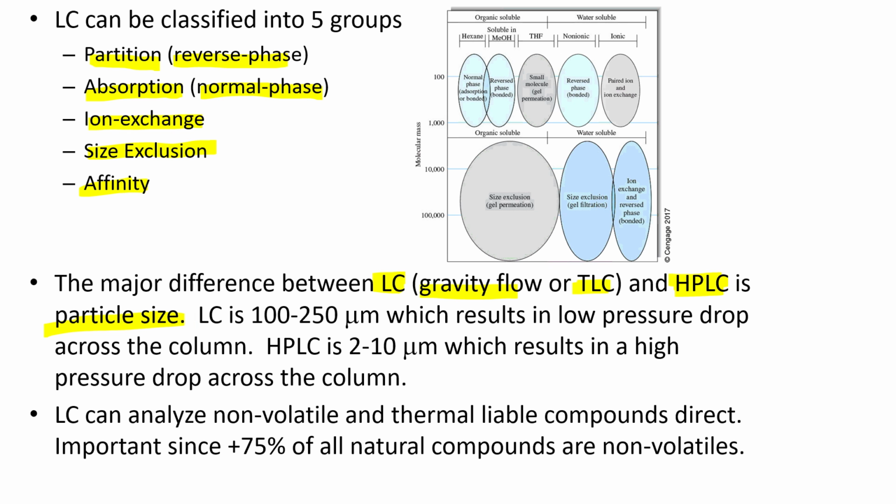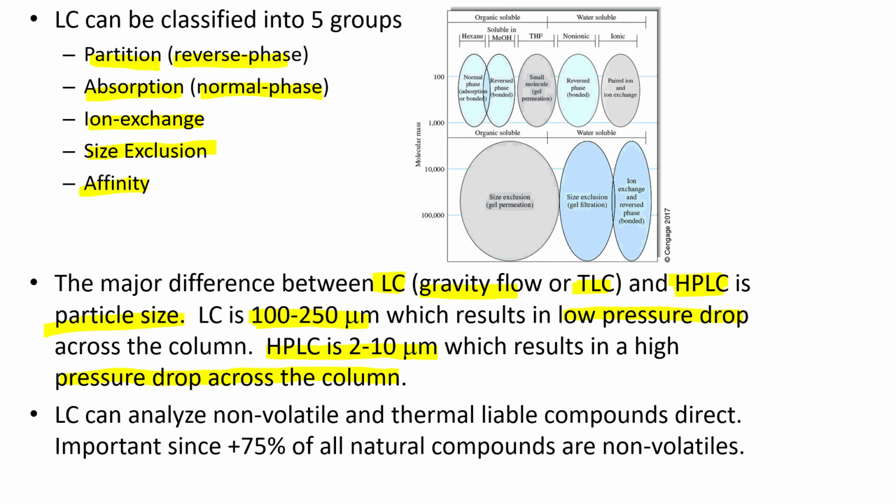Where gravity flow liquid chromatography uses large particles in the neighborhood of a tenth of a millimeter to 0.25 millimeters, which is 100 to 250 microns. That's low pressure drop across the column. Where high performance liquid chromatography uses much, much smaller particles and requires a high pressure, and it requires a pump to get the solvent to go across the stationary phase.